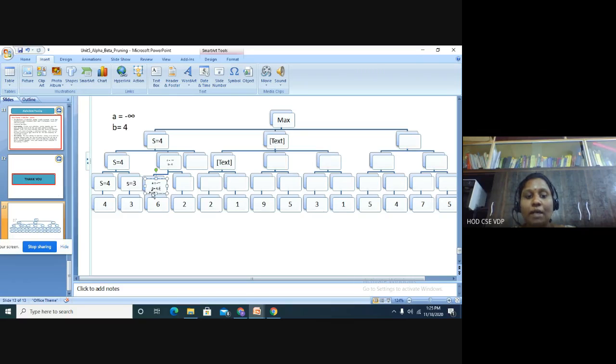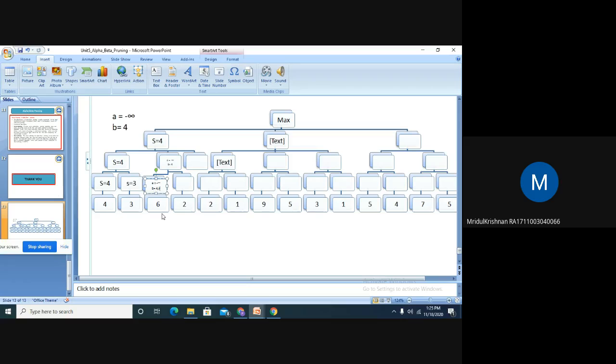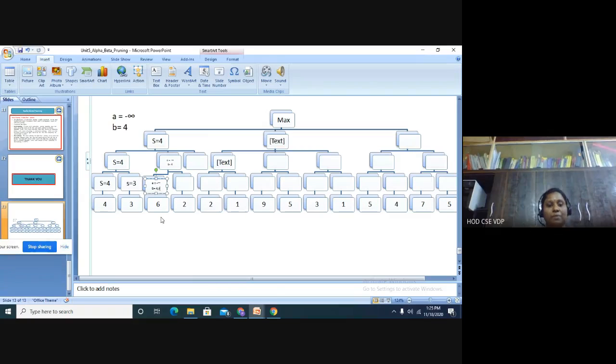Node value means S value. 4, I think, since it's a minimization strategy in that layer. Yeah, minimization is the strategy played, right? The payoff value for this node should be assigned here. You're changing the value of beta here to be equal to 4. That is perfectly right, but it would be the S value that is being changed.